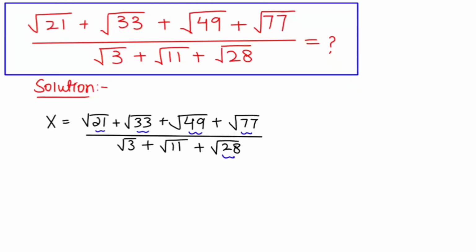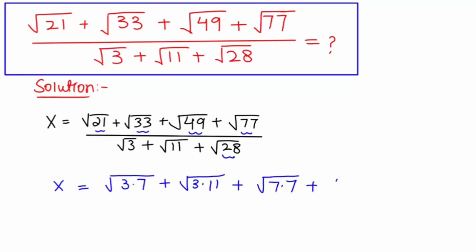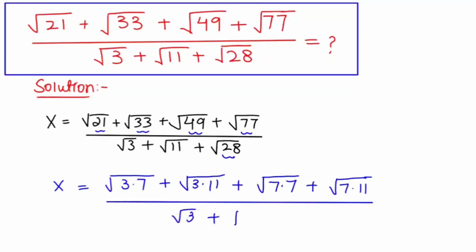So the next expression we will get is x equals root of 3 times 7 plus root of 3 times 11 plus root of 7 times 7 plus root of 7 times 11 over root of 3 plus root of 11 plus root of 4 times 7.